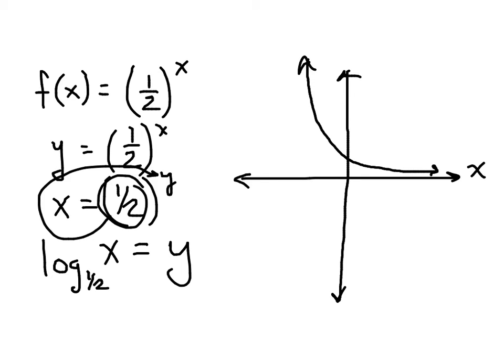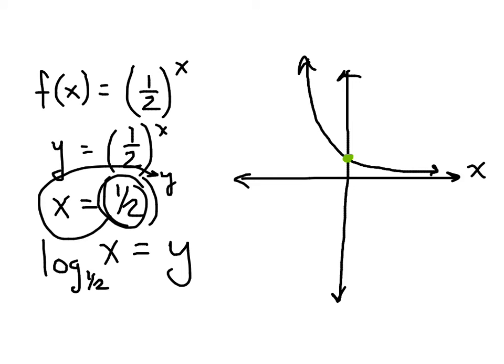Now, is the log, because it's a base of 1/2, growth or decay? It's still decay. Here's the difference. They are going to look very similar, but they're going to be in different locations, very minimal. Remember, this went through the ordered pair of 0, 1.